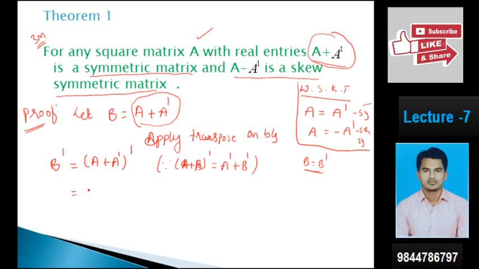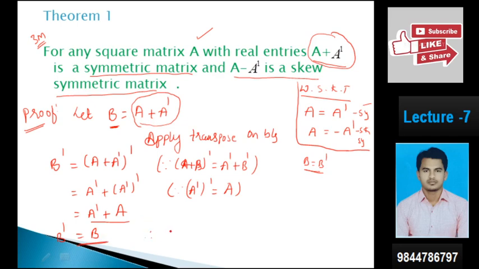Similarly here also, A dash plus (A dash) whole dash. Again we know the property, (A dash) whole dash is equal to A. So it is equal to A dash plus A, which is A plus A dash, that is matrix B. We get here B dash is equal to B.